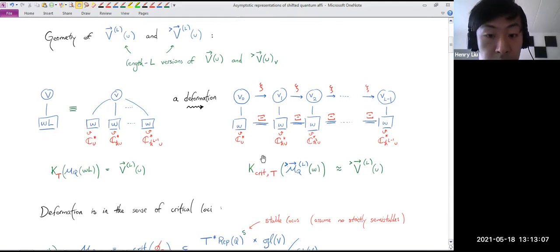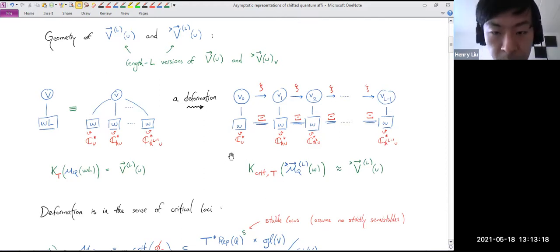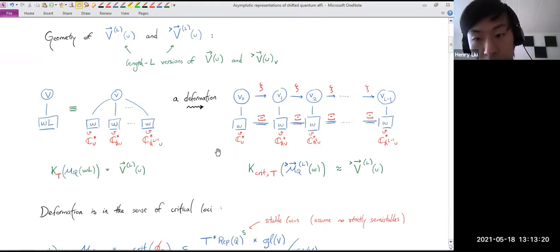And it turns out that the critical K-theory of this new space will be roughly the module of flags that we want. Okay. So there's a lot of things to explain here. The first thing I want to explain is exactly what this modification of the quiver variety is, and then we'll talk about what critical K-theory is.